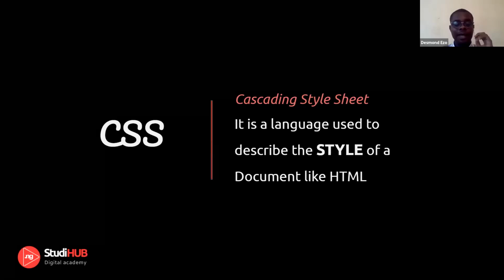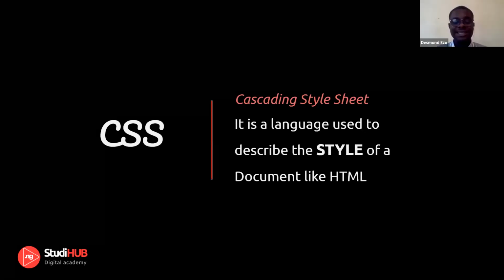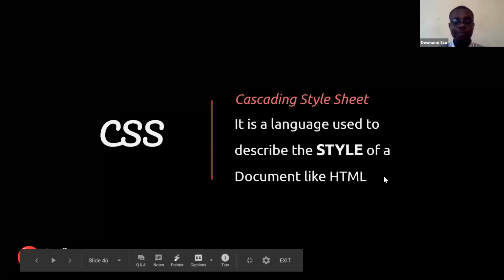Color, the different types of fonts that you want, unique kinds of behavior. That's what CSS does. So it makes the HTML that we saw look like a website. Beautiful. Now let us look at the CSS syntax.